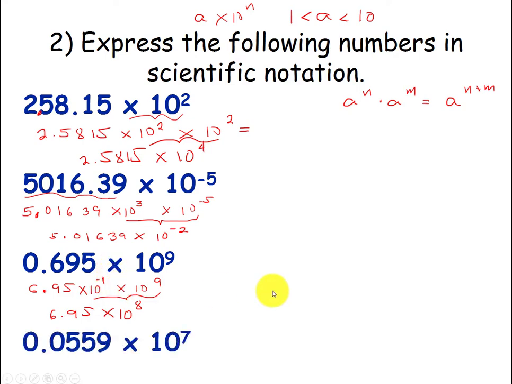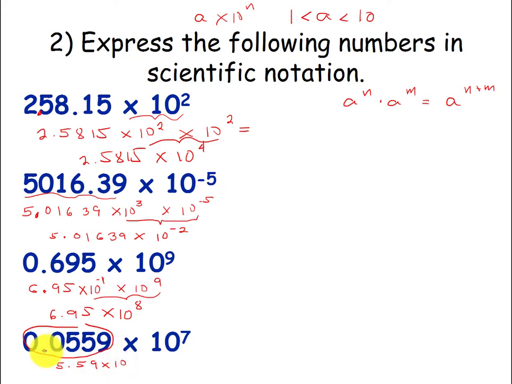Alright, our last example. I have 0.0559 times 10 raised to 7. Our a, which is represented by this, is less than 1. We need to move our point between 5 and 5 so that we'll have a number here between 1 and 10. So I'm going to write this as 5.59 times 10.